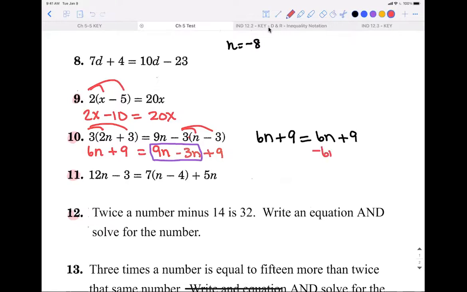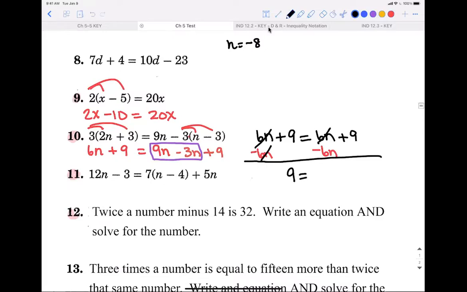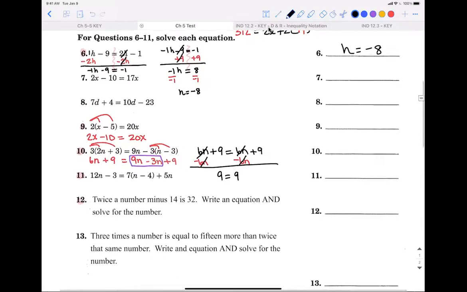I'm going to subtract 6n and subtract 6n. I want to get all the n's over on the one side. What happens here? 6n minus 6n zeros out. And I'm left with 9 equals 9. So what is my answer to number 10? Yes, all real numbers.